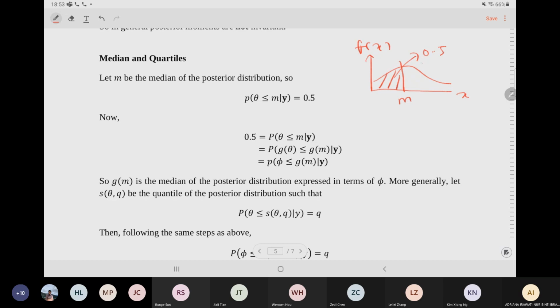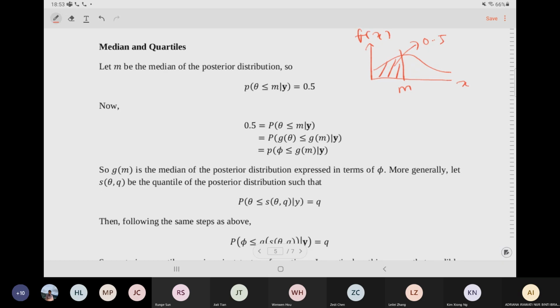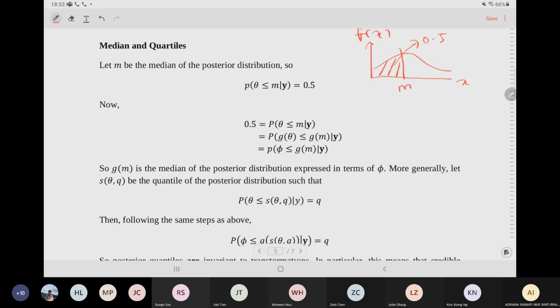Then, what if we look at the median in terms of probability? Then we have theta less than m, which means we have the function g of theta less than the function g of m. And g of theta is phi, so g of m is the median of the posterior distribution expressed in terms of phi.